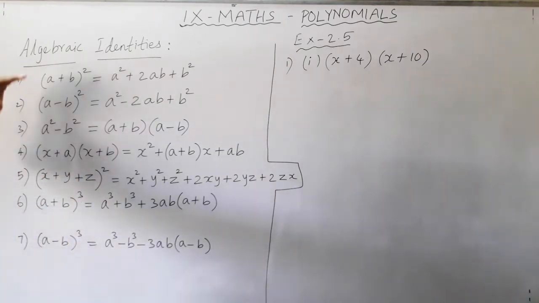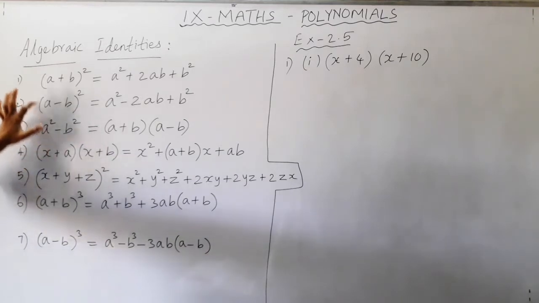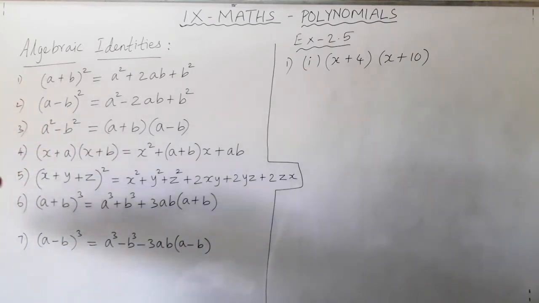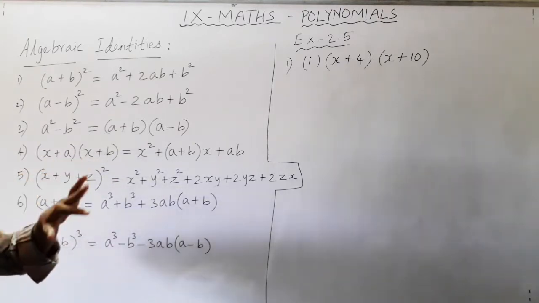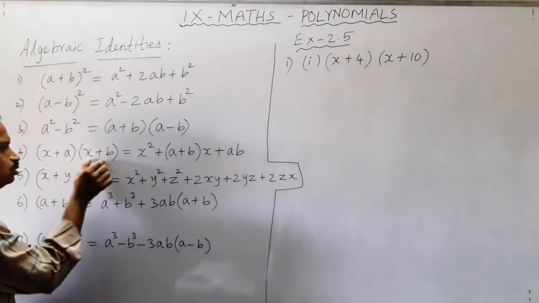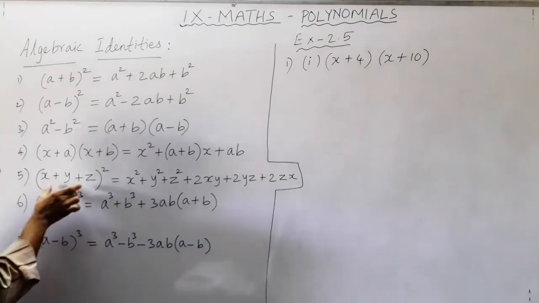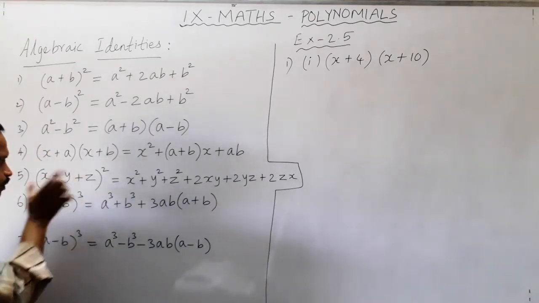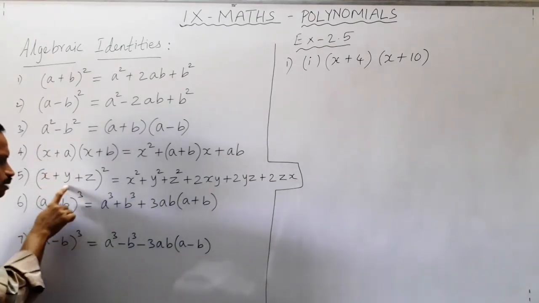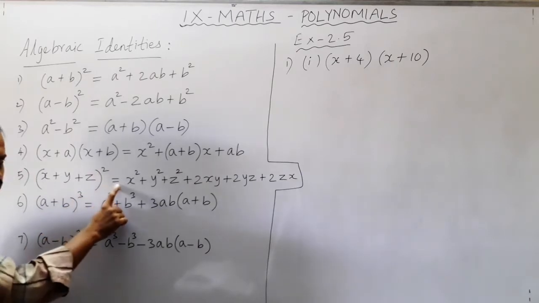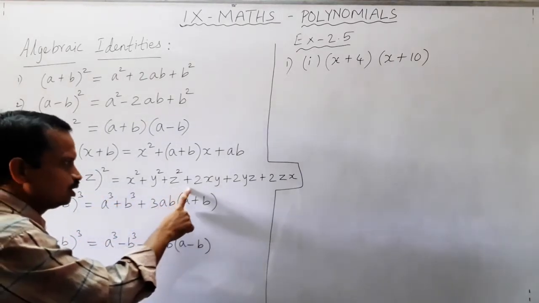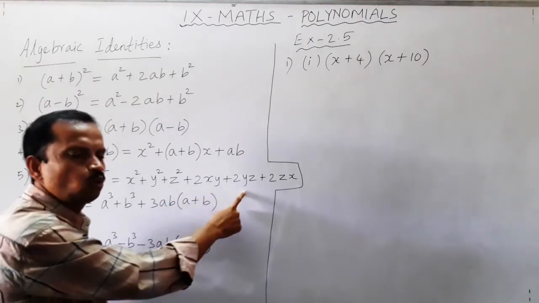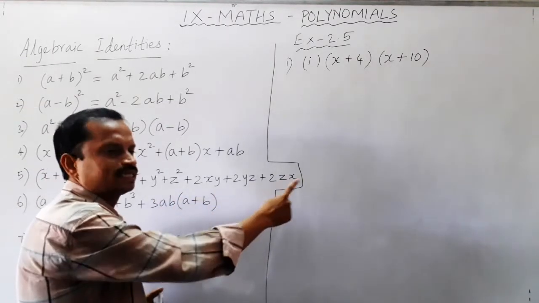And the fifth one, (x plus y plus z) whole square. You see, up to 4, two unknowns are used. Here you see x and then a, b. So anyhow 3, but 2, 2 like that. But here 3 unknowns on one side. So (x plus y plus z) whole square is equal to x square plus y square plus z square plus 2xy plus 2yz plus 2zx.